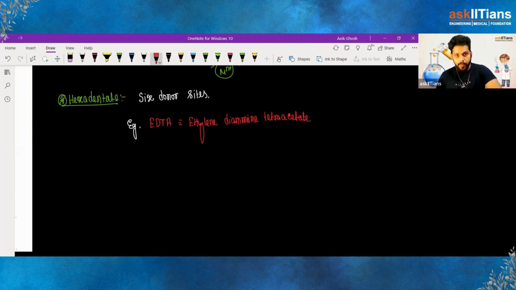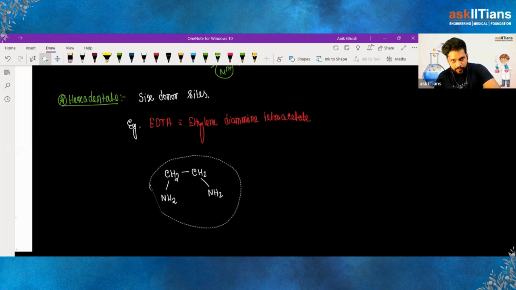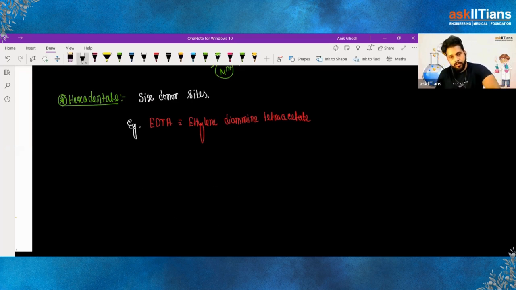So, try to form the compound first. Ethylene diamine, I guess, guys, we know the structure. EN, NH2 and NH2, ethylene diamine. After that, tetraacetate. Now see, this is the point. Don't draw it in this way. Draw it in this way.